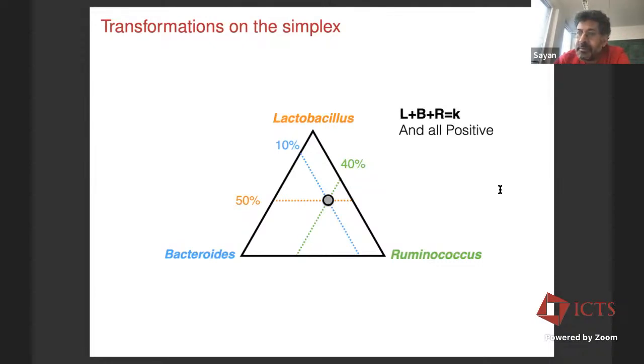Now, when you are on a simplex, all of that falls apart. And the reason why it all falls apart is that everything has to add up to a constant. So if you have these three different bugs, they all have to add up to a constant because it's compositional data.